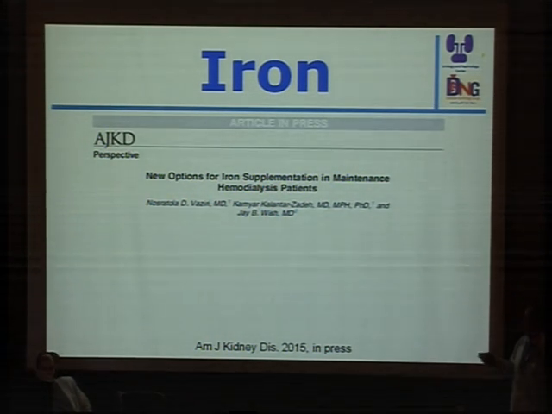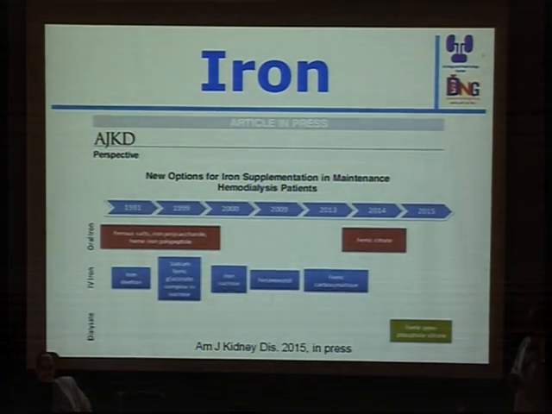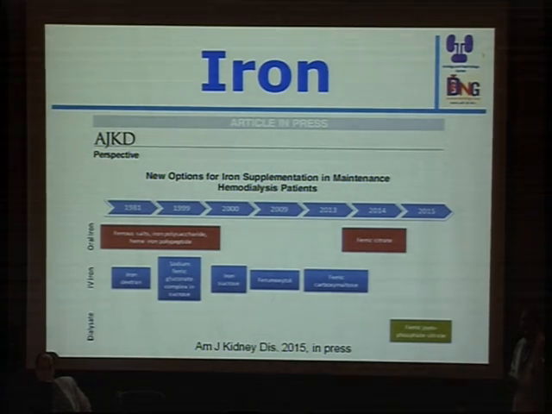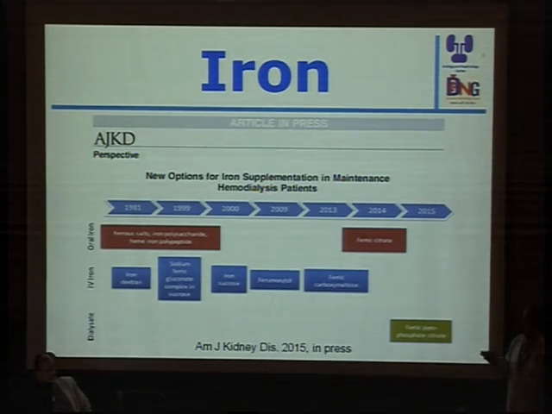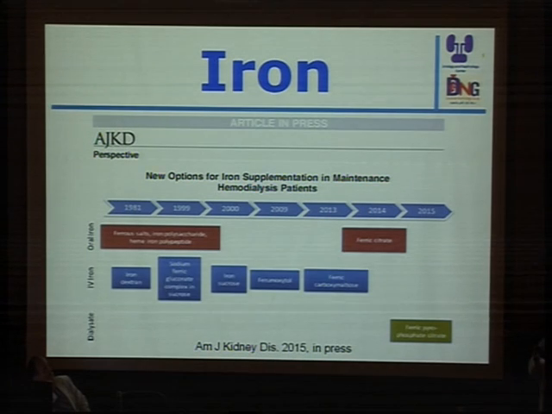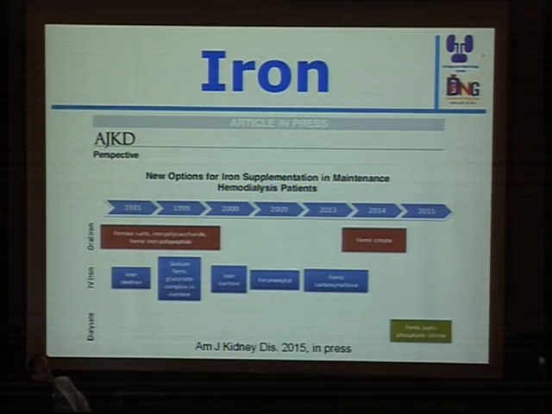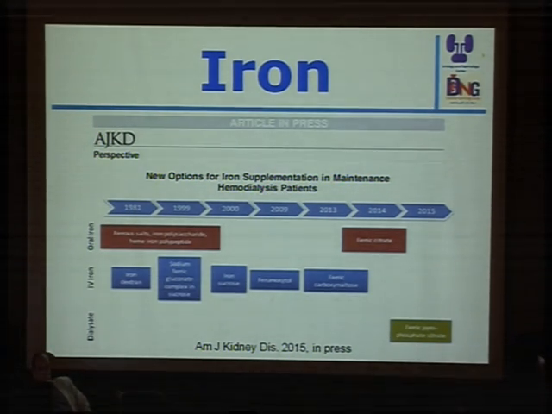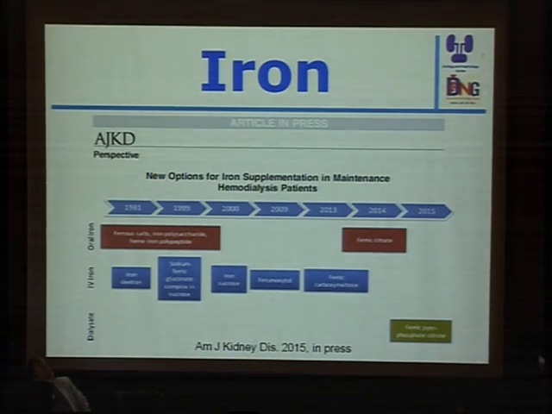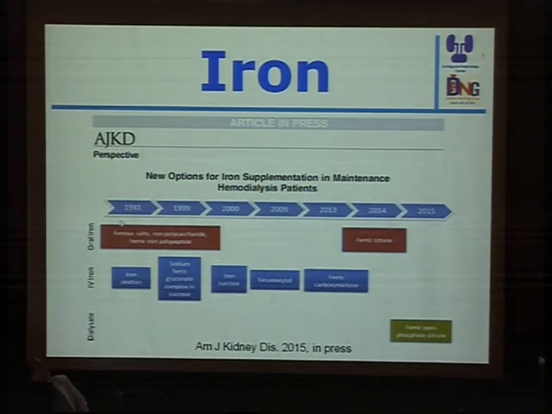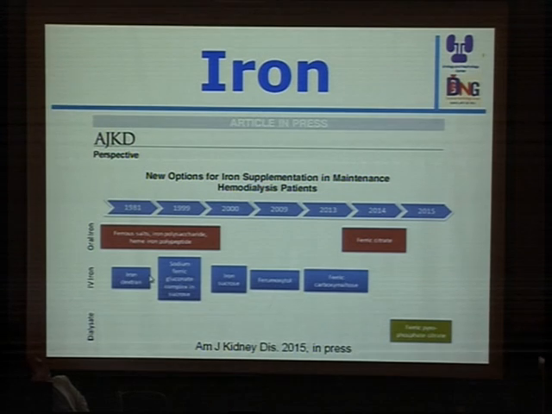So this is one of the new articles that shows the evolution of iron strategy in management of CKD-associated anemia. You can look here, in the early 80s, you'll find oral iron, and then intravenous iron dextran.